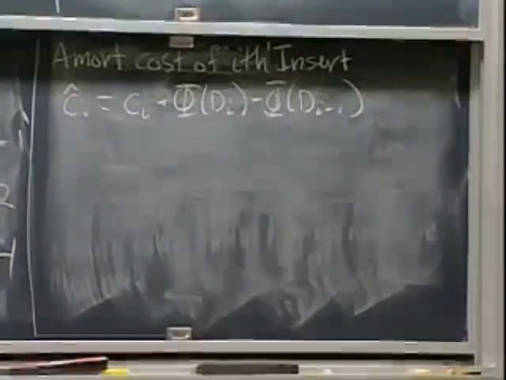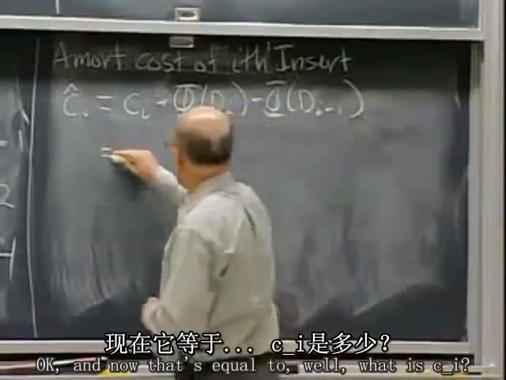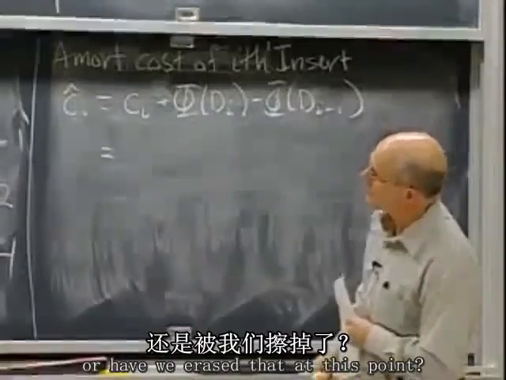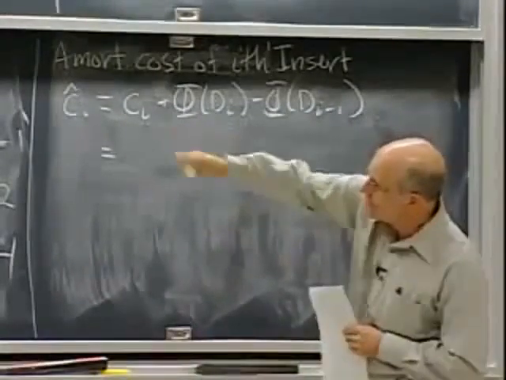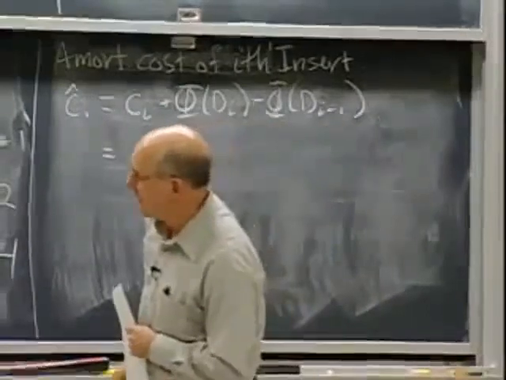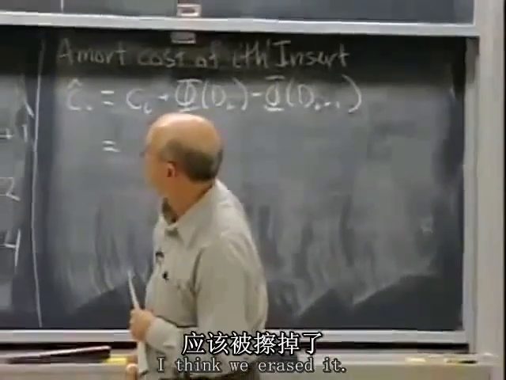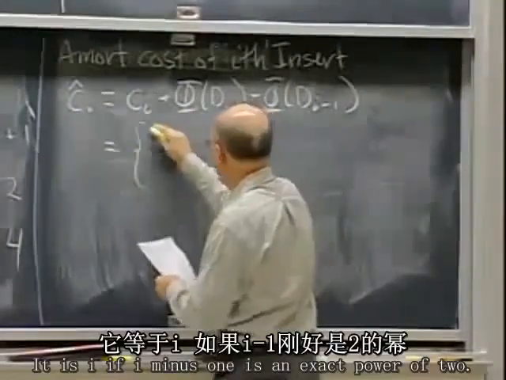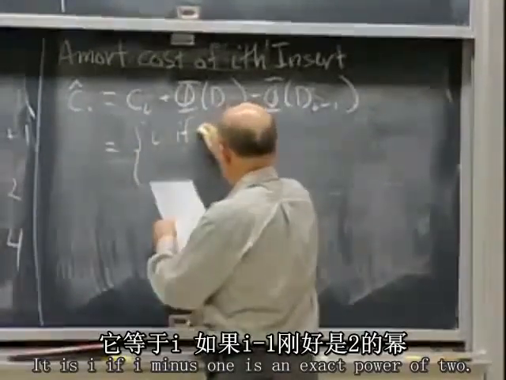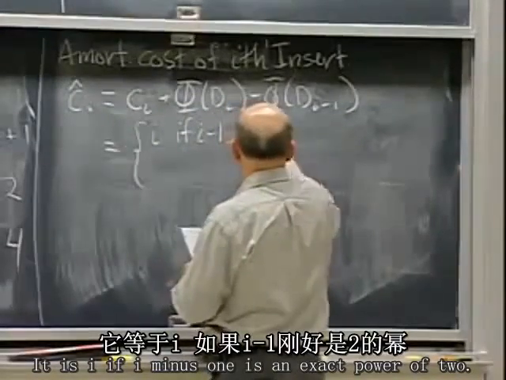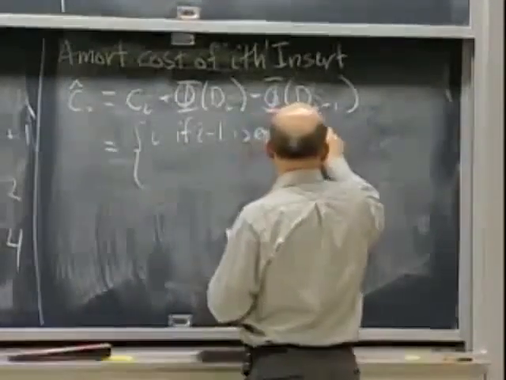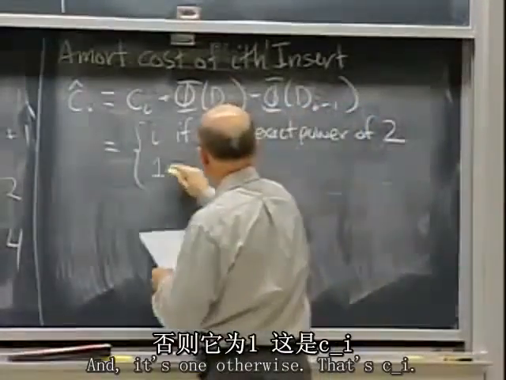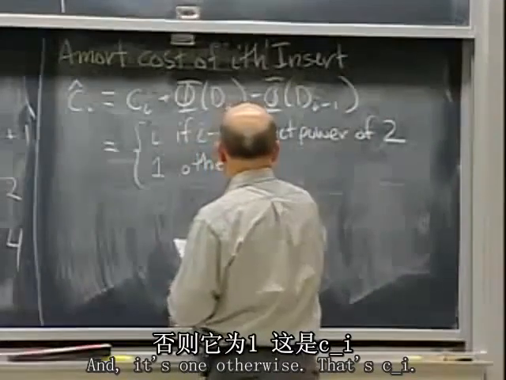Okay. And now that's equal to, well, what is c sub i? Do we still have that written down somewhere, or have we erased that at this point? I think we erased it. Okay. But we can write it down again. It is i if i minus 1 is an exact power of 2, and it's 1 otherwise. That's the c sub i.